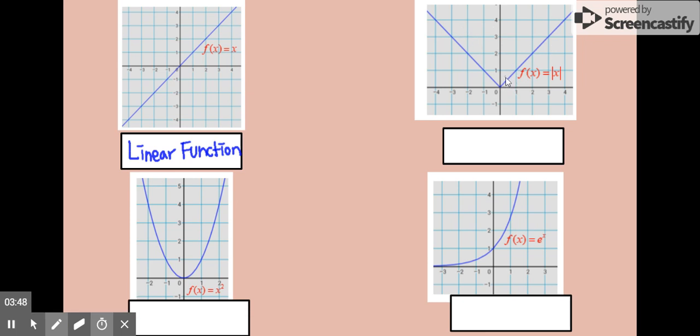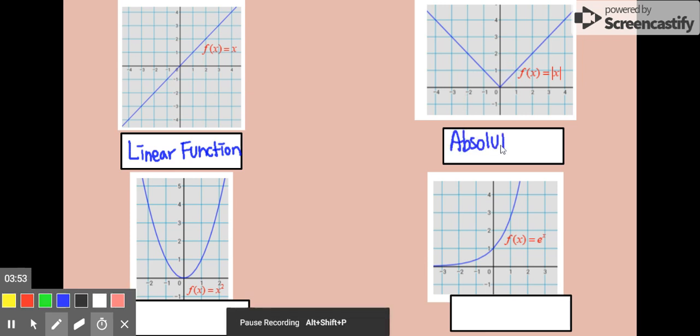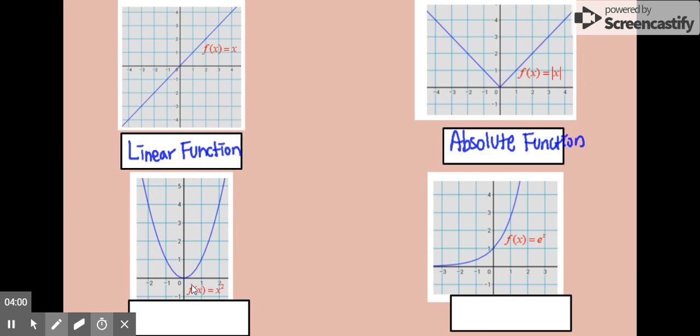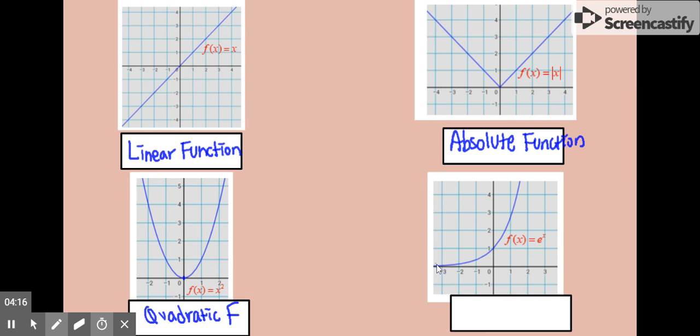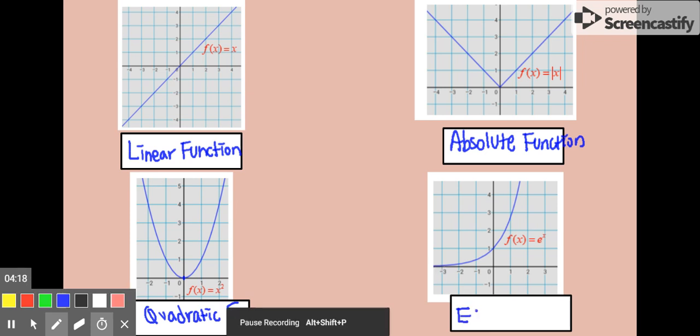This next function, I think you will learn in Algebra 2, is called the absolute value function. It's symmetric, decreasing and then increasing. This bell-shaped function is the quadratic function. And the last one, we just learned, is the exponential function.